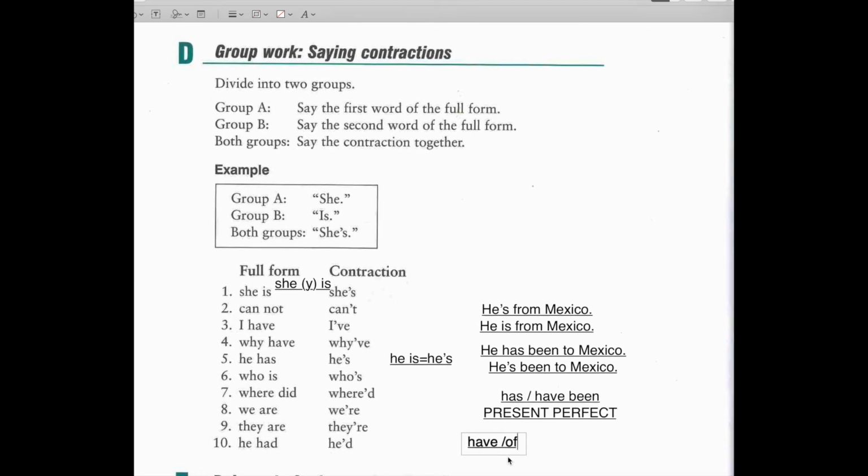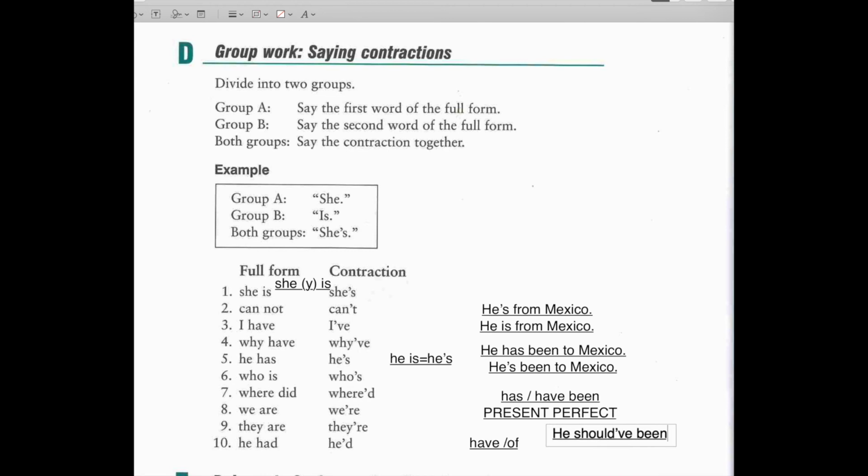Of. So for example, if we were to say this, for example, he should have been.